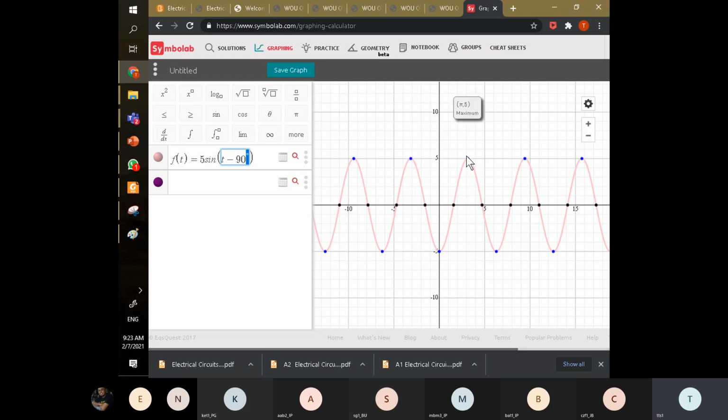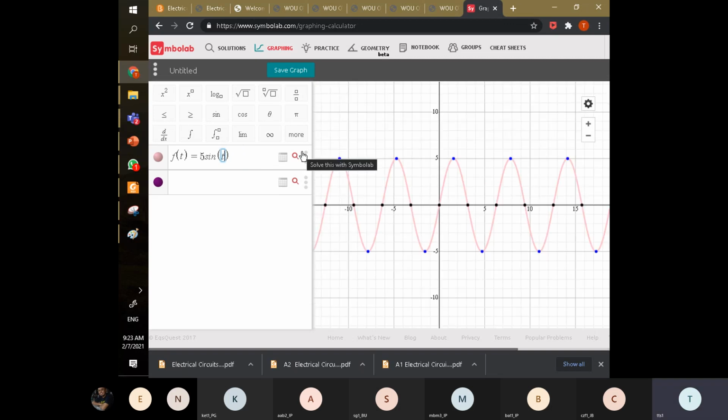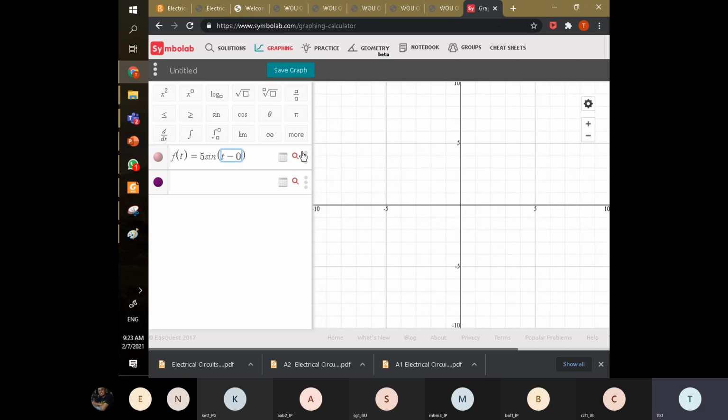This point is 180 degrees. Here's 90 degrees. Here's 0 degrees, right? If you put 0, you need to wait for a while sometimes. Yeah, here's 0, right? So if you say minus 0, nothing changes. But sometimes it refuses to draw the waveform.